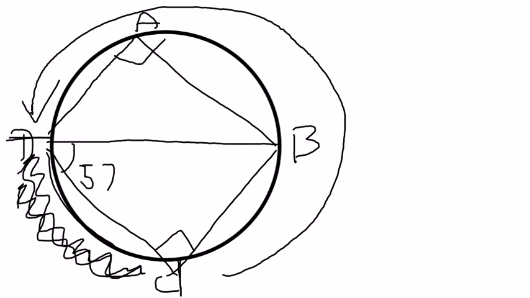Well, we have a right triangle here. We have 90 degrees, 57, and we can find the third angle, right? It's 33. We know that an inscribed angle is going to be half of the measure of the arc.